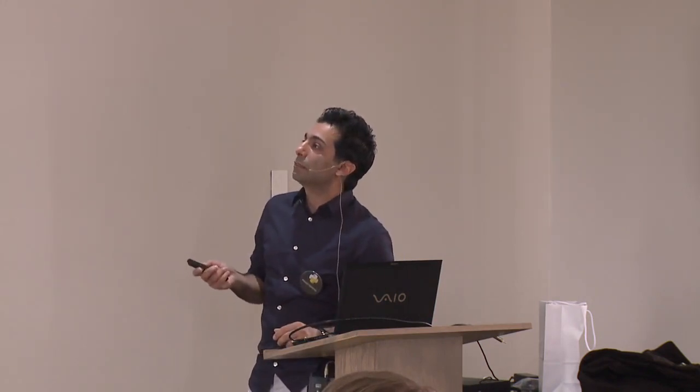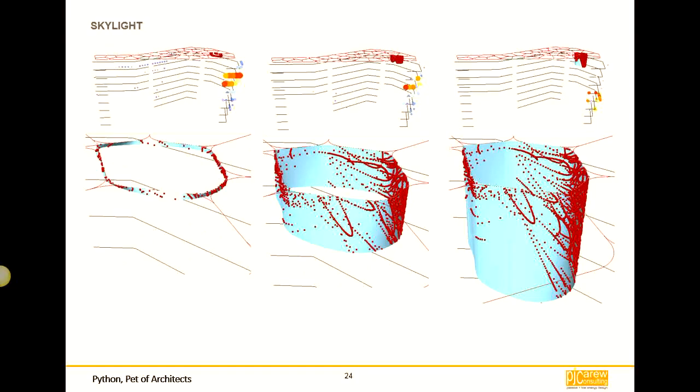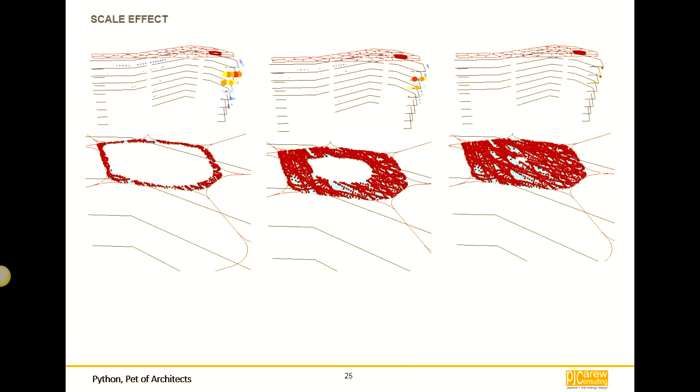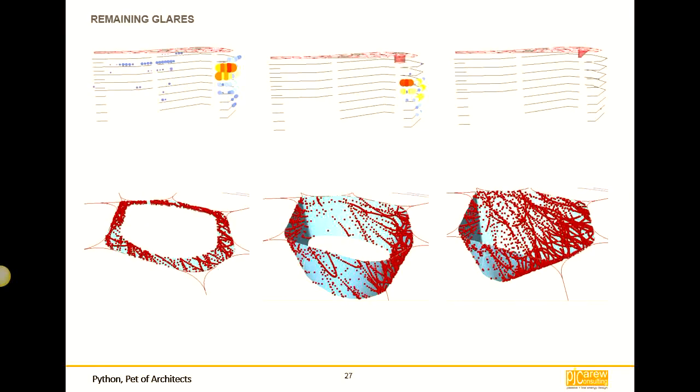We made a Python code to analyze each skylight, and the code is able to give the skylight depth and find the most effective part of the skylight. The code is also able to determine the opening area, and it's possible to move the opening area in different directions.